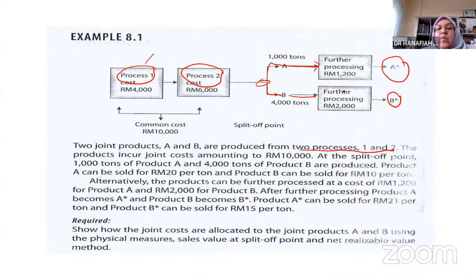So the total joint cost is 10,000. It is whether I want to proceed or not. At this level, I already incurred 10,000. I got no choice, okay?